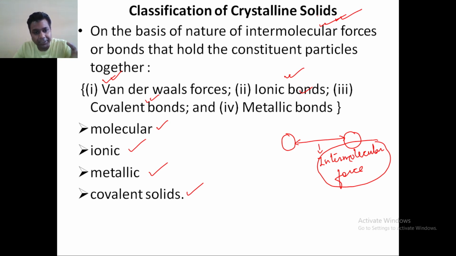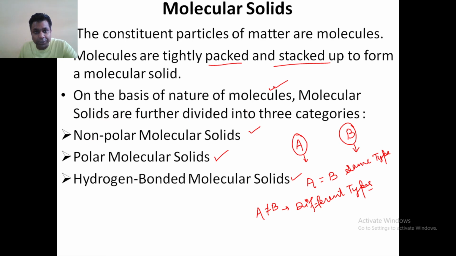In the classification we started with the molecular solids. Till now we have discussed only the molecular part, and in this video lecture I have covered it completely. In the next lecture I will cover ionic, metallic and covalent solids and the further topics. You are not required to get confused that lots of topics have been discussed, but try to bifurcate the things into parts.